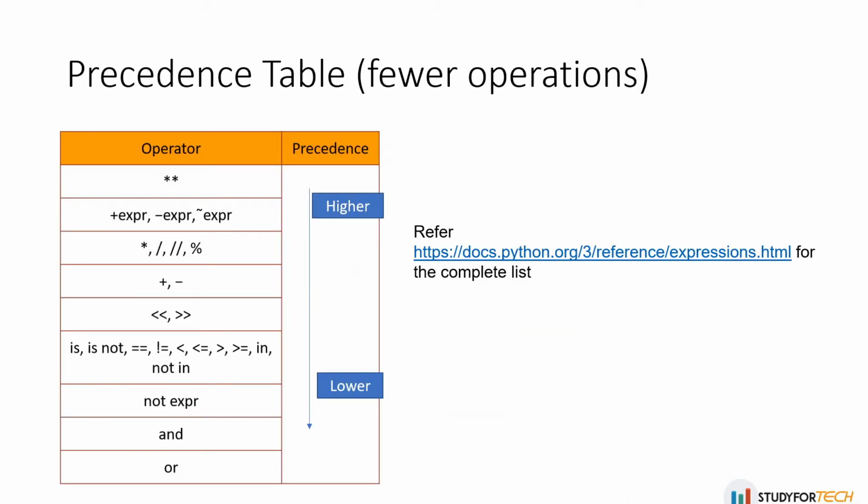Let's see the precedence table here. Only a few operators are shown, not all. You can refer to the documentation for the complete list. These are the operators, and the precedence goes from higher to lower. This one has the higher precedence, after that this one, then this, then this.